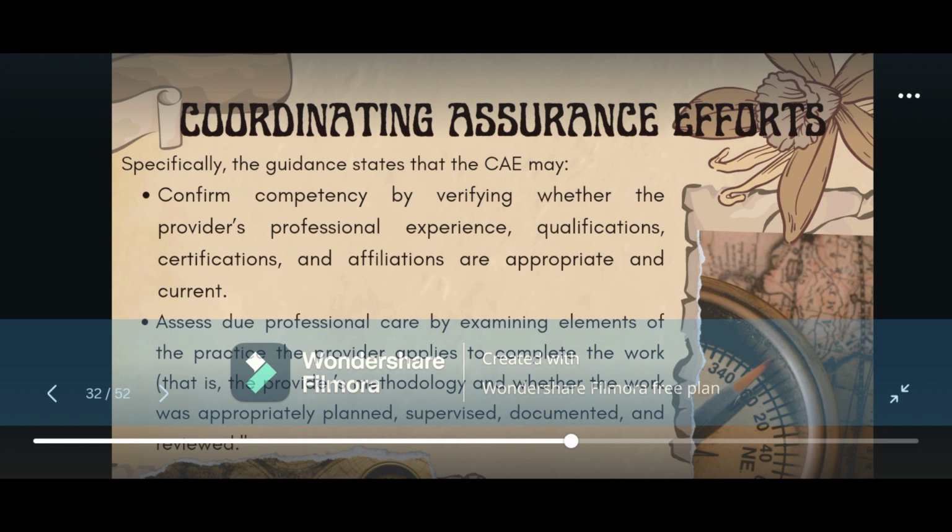The CAE may also confirm competency by verifying whether the provider's professional experience, qualifications, certifications, and affiliations are appropriate and current. Also, assess due professional care by examining elements of the practice the provider applies to complete the work, that is, the provider's methodology, and whether the work was appropriately planned, supervised, documented, and reviewed.